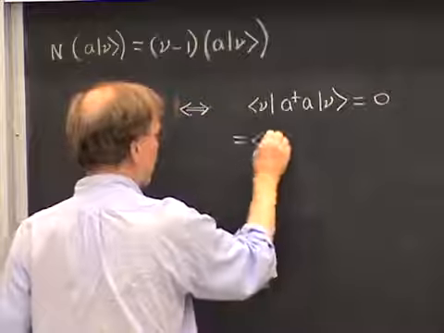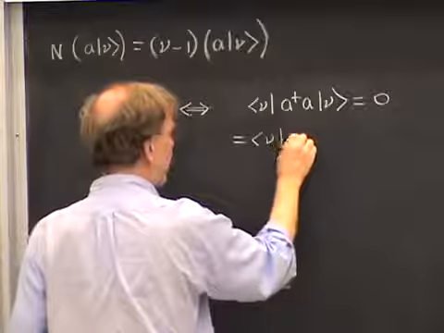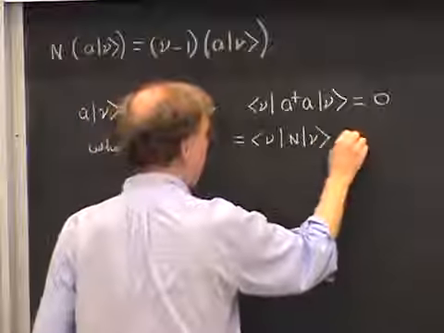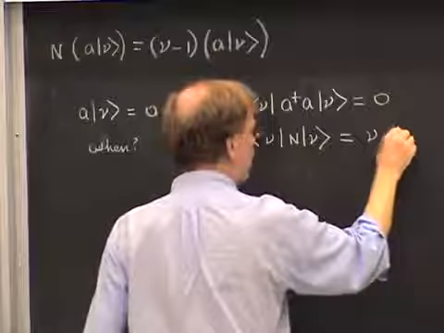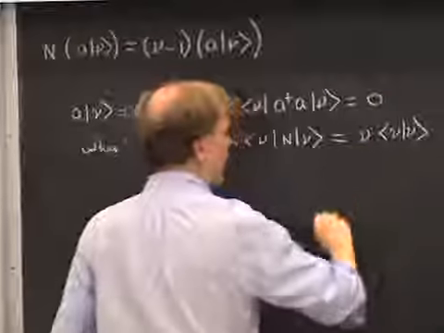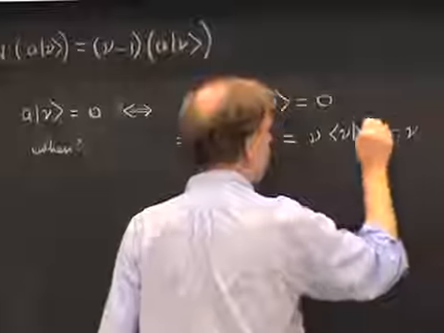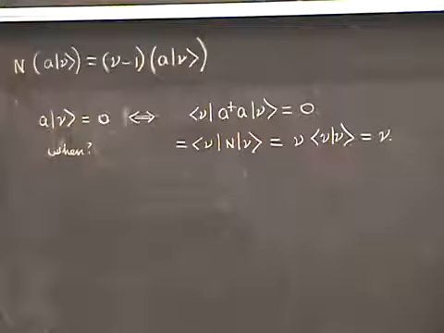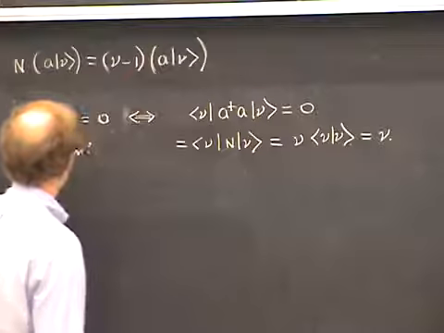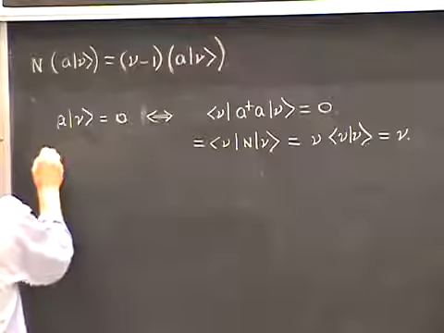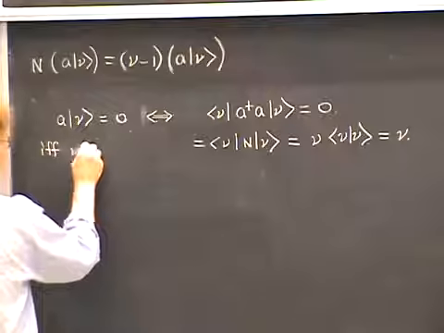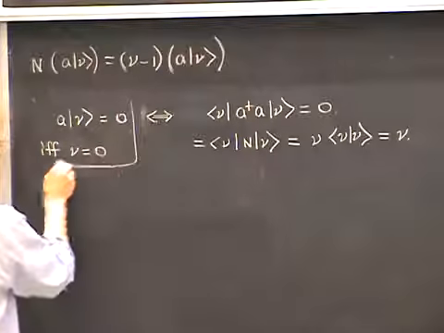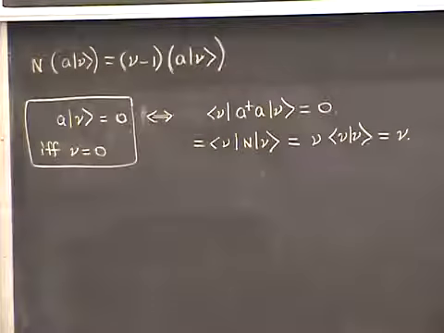This, however, is the same thing as nu sandwiched around the number operator, which is nu times the norm of the eigenstate, which we're assuming is normalized, so it's just nu itself. And so the answer is that A acting on nu is equal to 0 if and only if nu is equal to 0. I'm going to put a little box around that because that's the main conclusion of this.